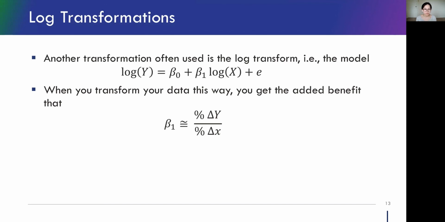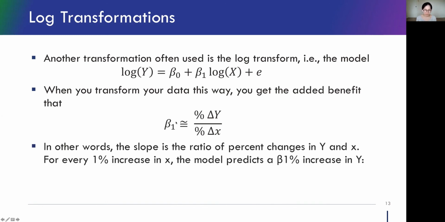When you transform your data, you get some added benefits. This new beta 1 is actually the ratio of the percent changes in y and x. So an interpretation would be: for every 1% increase in x, the model predicts a beta 1 % increase in y.